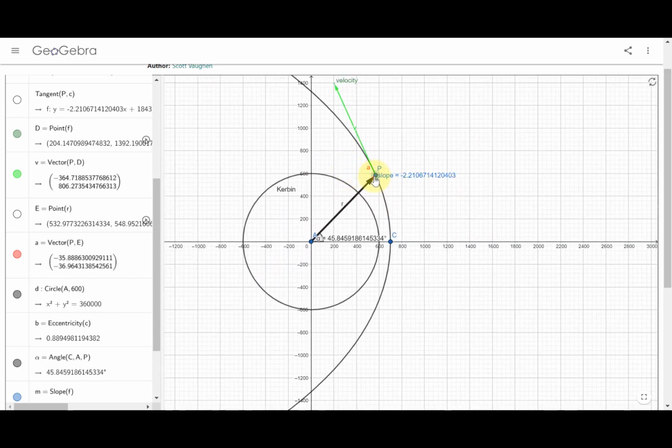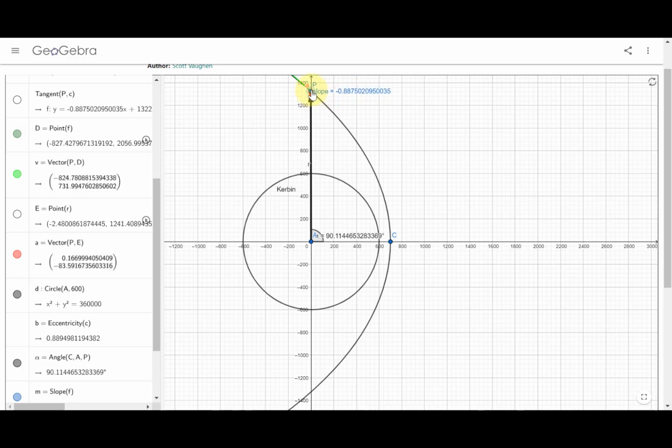What I'm interested in is the slope of this tangent at a true anomaly of 90. If this reaches about 90, I got a slope here of 0.888. I think that's pretty convincing.